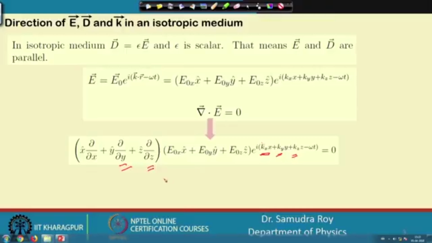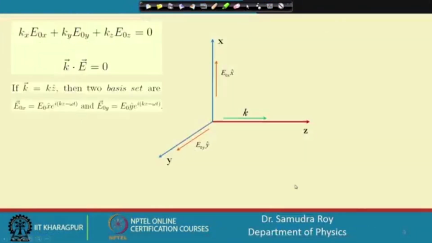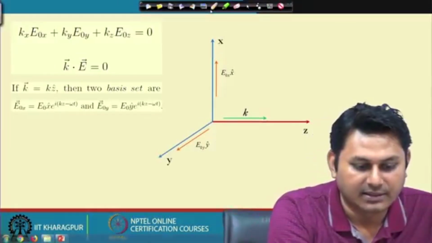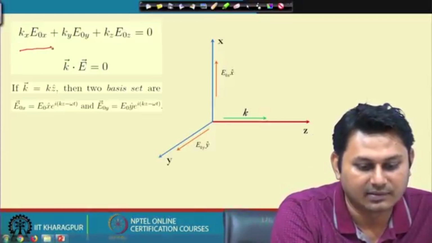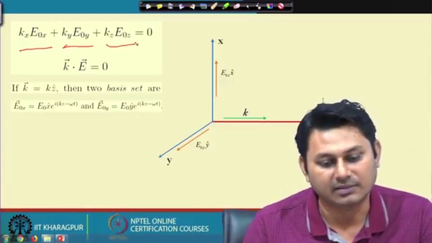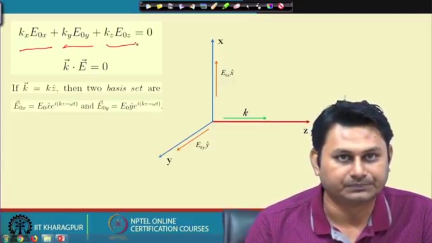So, this term will come out, and I will have an expression which suggests that kx E0x plus ky E0y plus kz E0z is equal to 0.